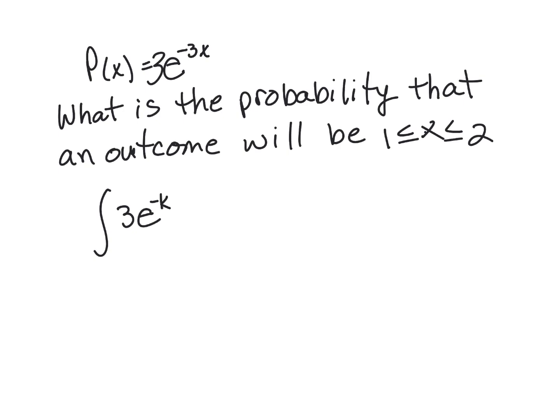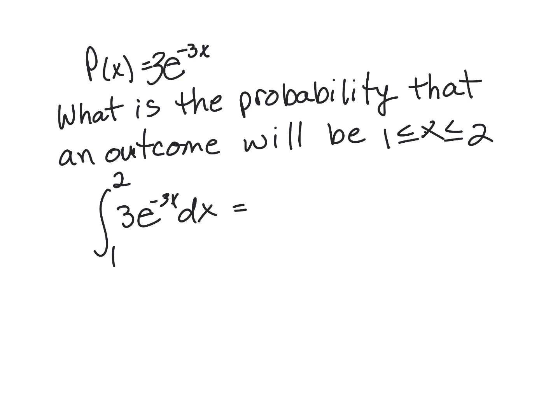I messed that up. K is the 3, isn't it? You know that it's a proper probability density function. So you can integrate on any subinterval and find the probability that your outcome will be between the 1 and the 2.